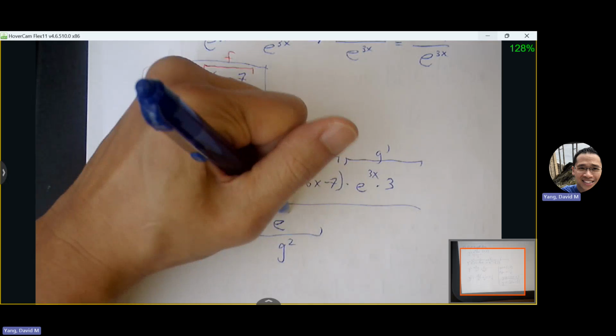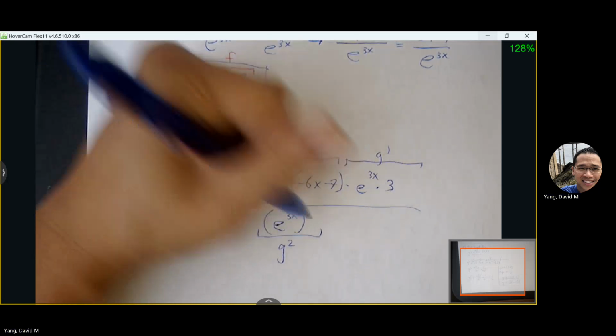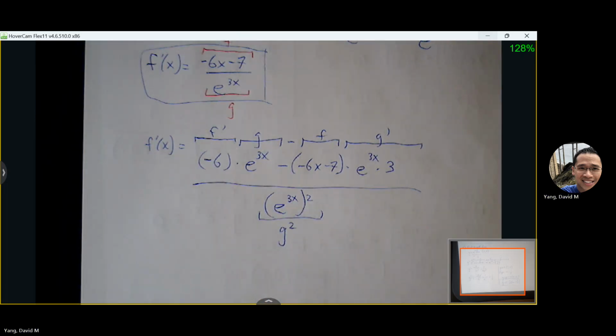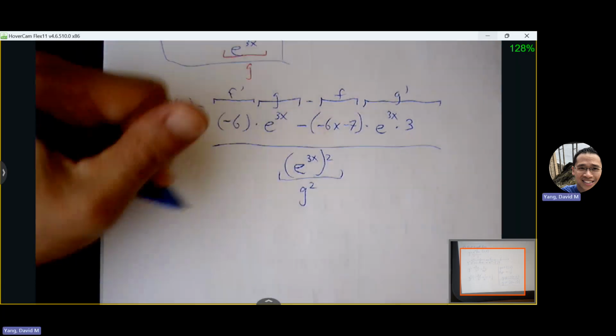So it's e to the 3x squared. Now, the squared is at the same level as this exponent, so we're really just going to be multiplying these together. Let me do some cleanup here.